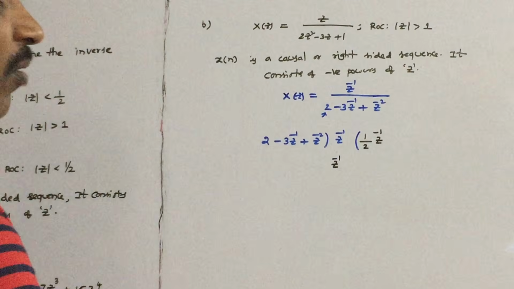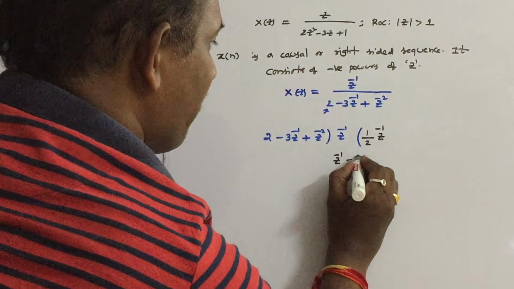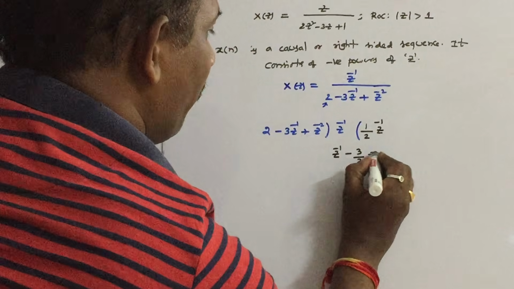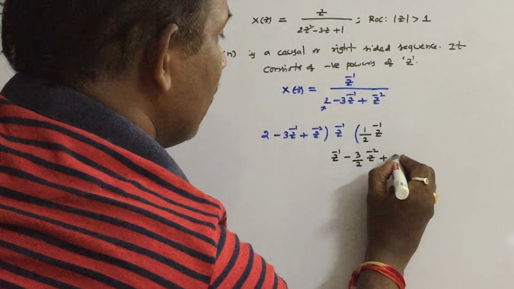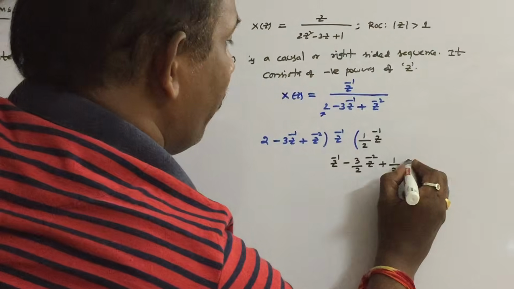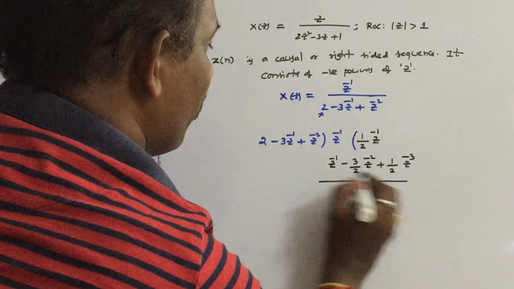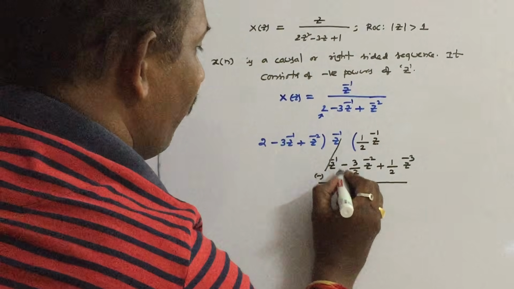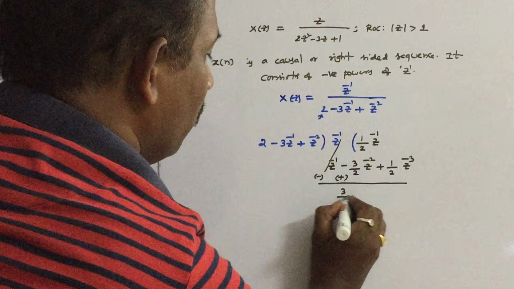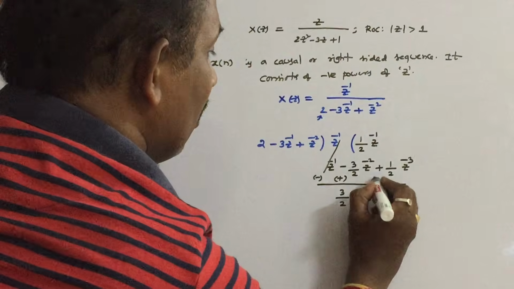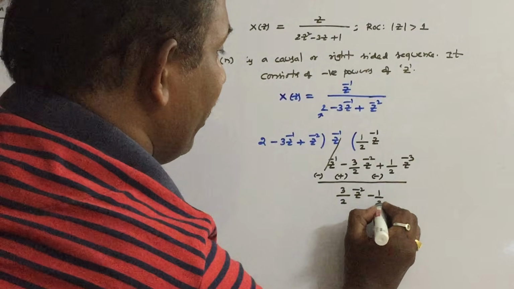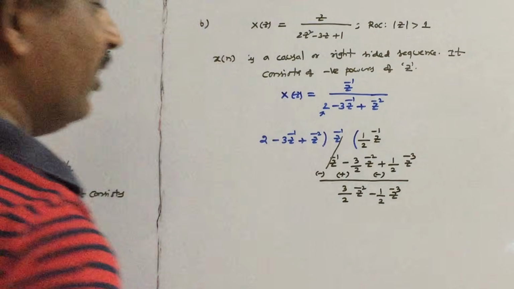So the first term is z power minus 1 plus the second term is minus 3 by 2 z power minus 2 plus 1 by 2 into z power minus 3. So therefore cancel out the first term. The second term will be 3 by 2 z inverse minus 1 by 2 into z power minus 3.